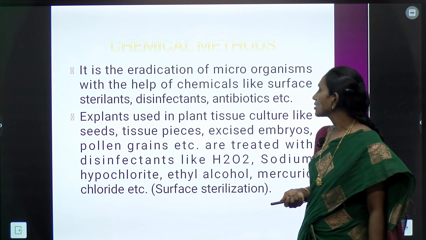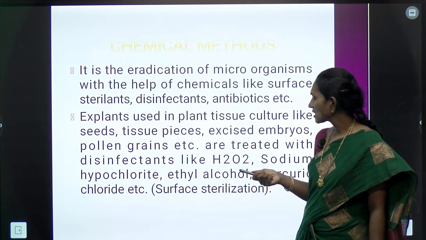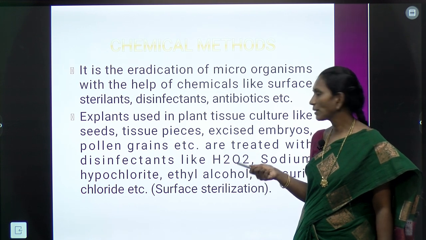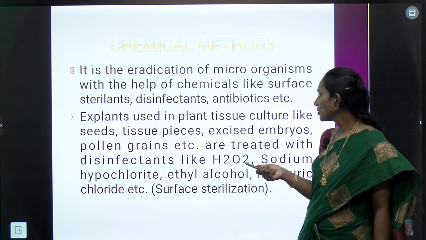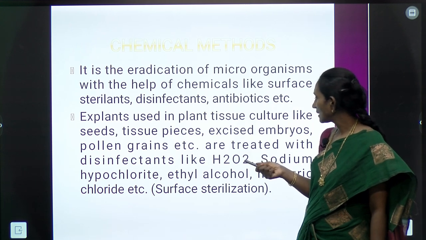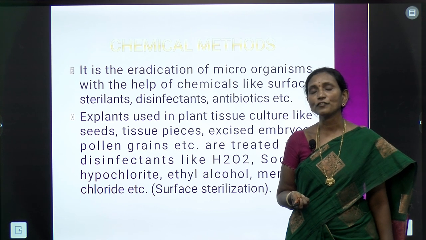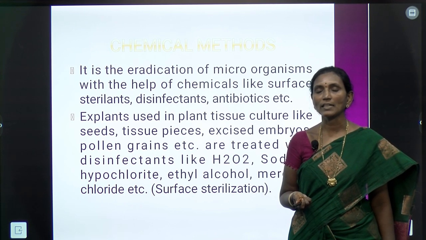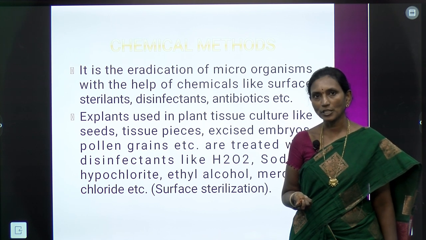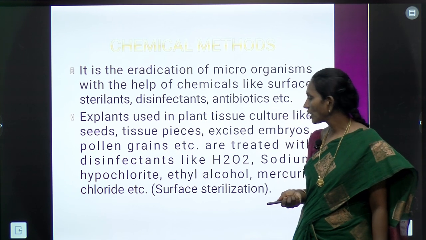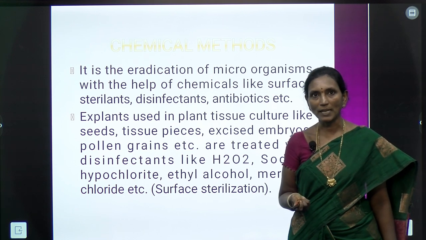Explants used in plant tissue culture, like seeds, tissue pieces, excised embryos, pollen grains, anthers, etc., are treated with disinfectants. There are different types of disinfectants like hydrogen peroxide, sodium hypochlorite, mercury chloride, etc. We can use any type of chemical for sterilization of the explant.